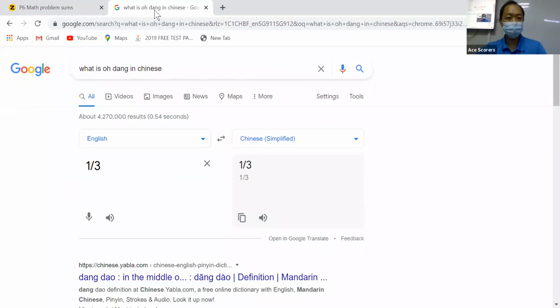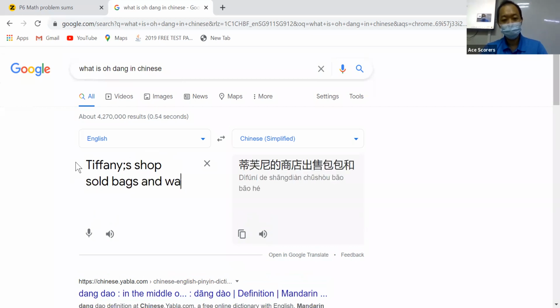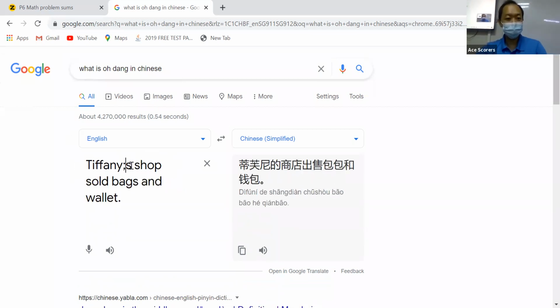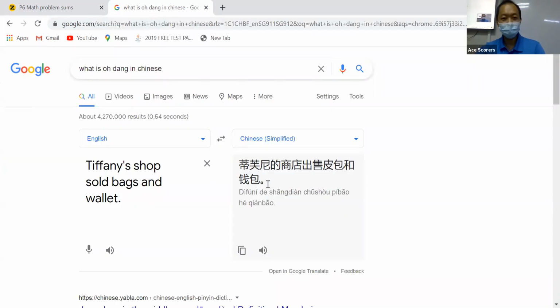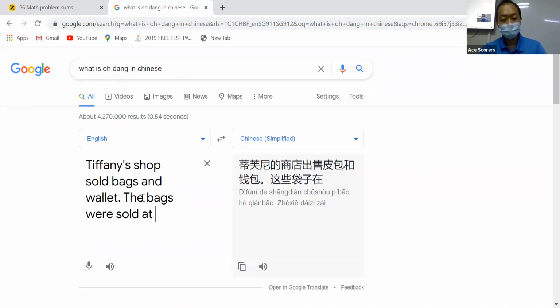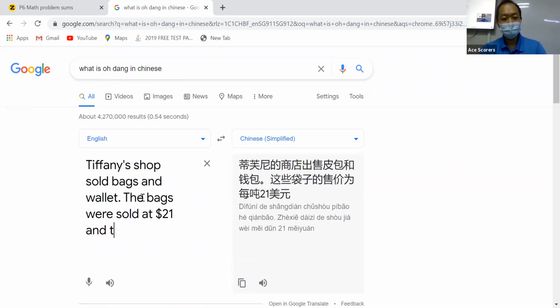Tiffany's shop sold bags and wallets. Apostrophe. Tiffany's shop sold bags at $100 each.